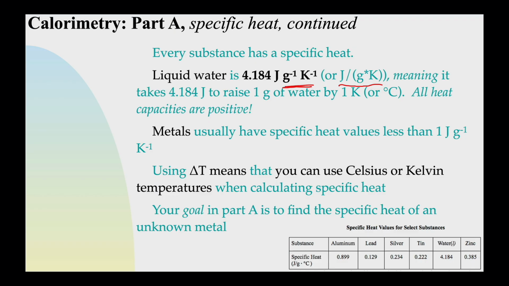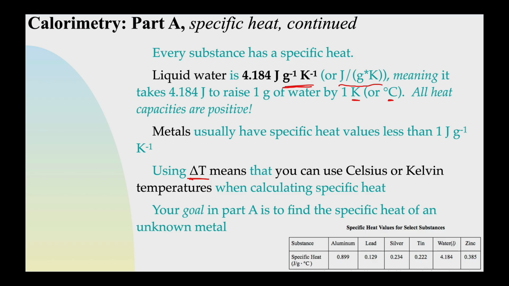That's cool. And then finally, because a delta T is used, final minus initial, you can actually use Celsius or Kelvin. So you can see going up to the top here, initially I had Kelvin, but then I said or degrees Celsius. The difference in Kelvin between two temperatures is the same as the difference in temperatures if they're in Celsius. And you can test this out yourself if you want, but it's pretty amazing.